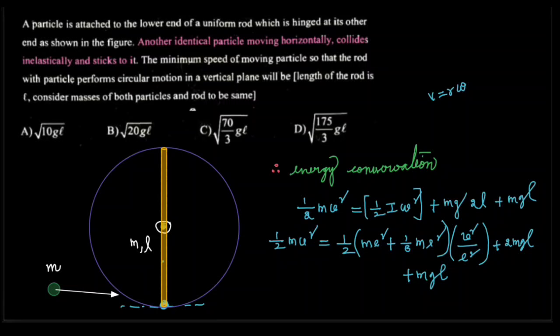Half into I into omega square is the rotational kinetic energy and this is the change in potential energy. So mg 2l plus mgl will be equal to half of v square by l square into ml square plus 1/3 ml square, right. So everything is fine. Do the calculation and you will get the answer, right.